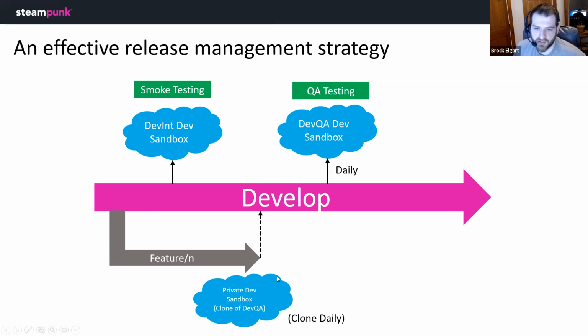So they work in their private dev sandbox and submit a pull request, assuming that it passes smoke testing by the end of the day. At the start of each day, your QA manager approves a deployment to your dev QA sandbox. The purpose of this daily process is to ensure that you have only a stable code base in that sandbox.